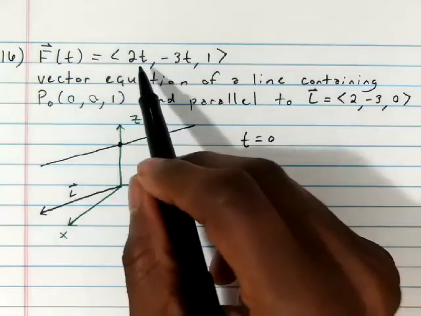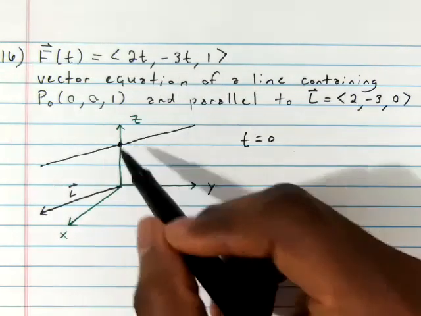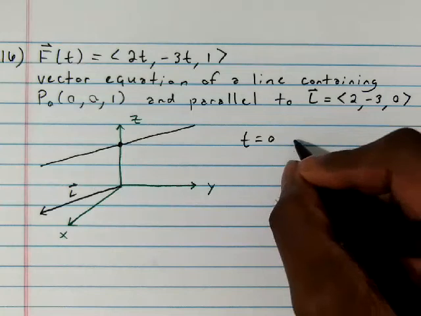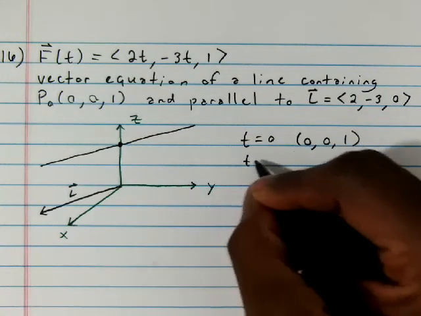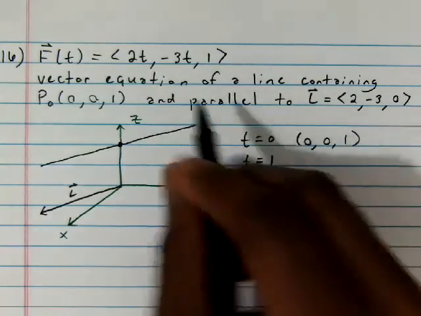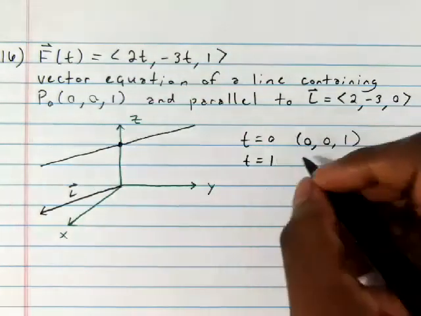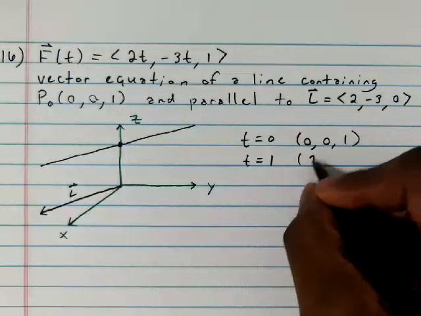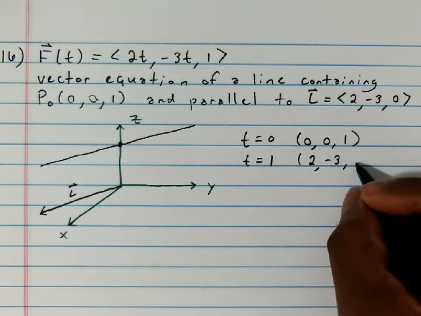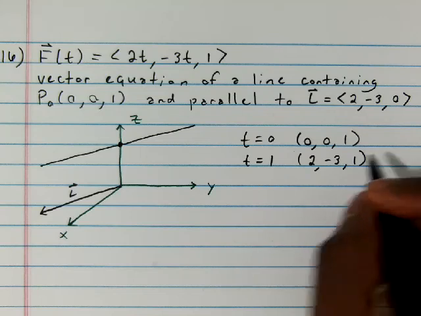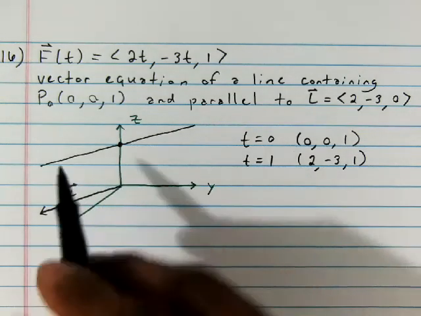So at t equals 0, I get 0, 0, 1. I get that point right there. And then at t equals 1, for instance, and I plug that into here as well, I'm going to get the point 2, -3, 1.